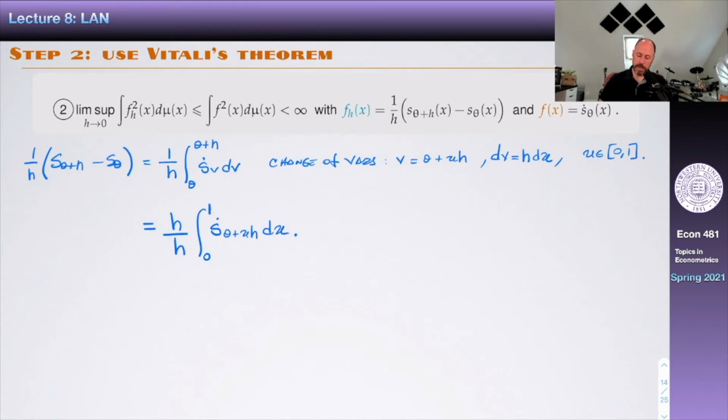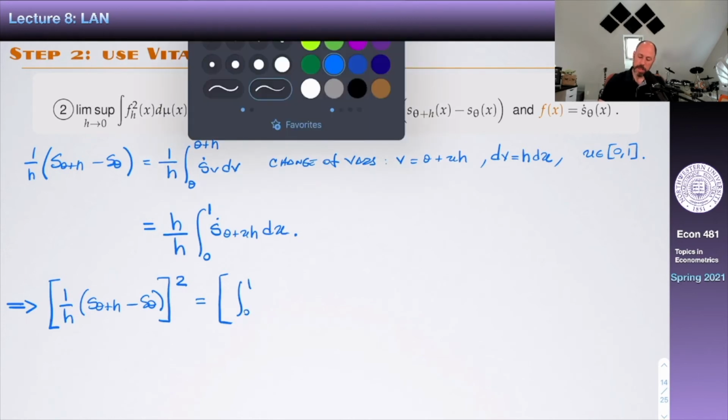Okay, nice. So then next, notice that when you take this object and take the square, these h's of course cancel out.